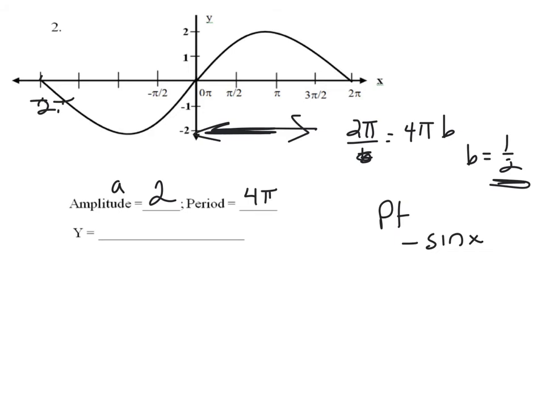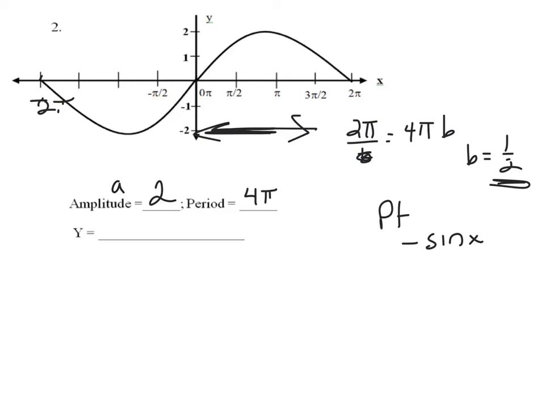Okay? So could I use positive sine x? What do you think? Well, if you think this is all the graph there is right here, right? If you think this is the whole graph, but realize it's not, it goes this way. So what is this? That is sine. Do I need the negative?